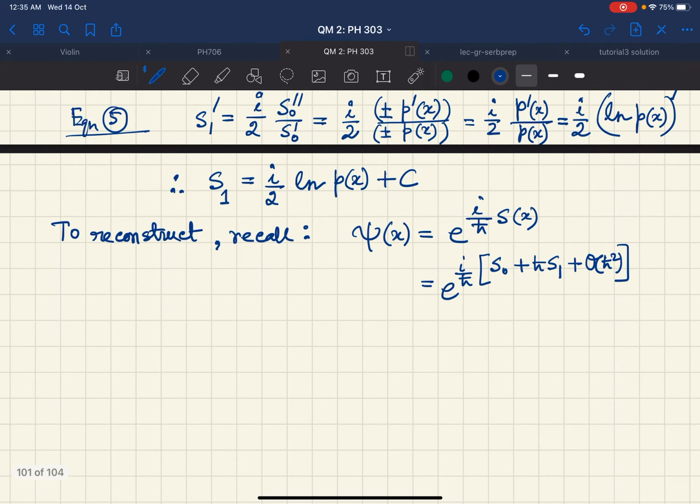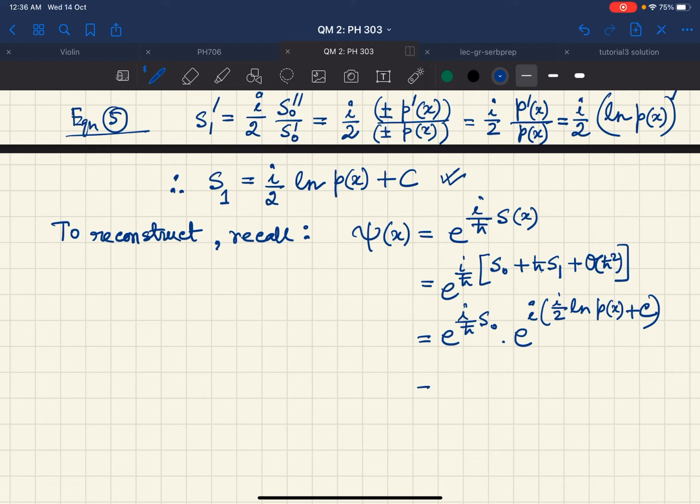So I can break this exponential as e to the power i by h bar S0(x) into e to the power, this h bar gets cancelled, I have i times S1, but for S1 I have the solution here, which is nothing but i by 2 log of p(x) plus some constant c.